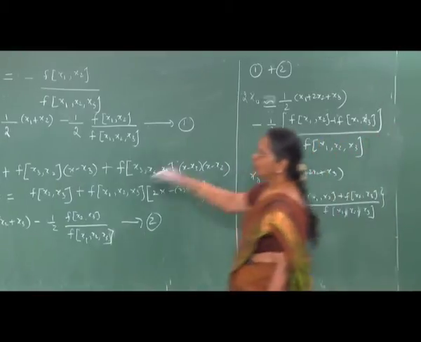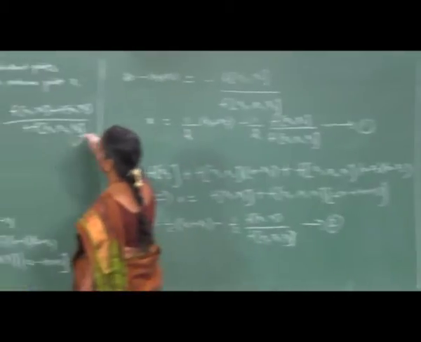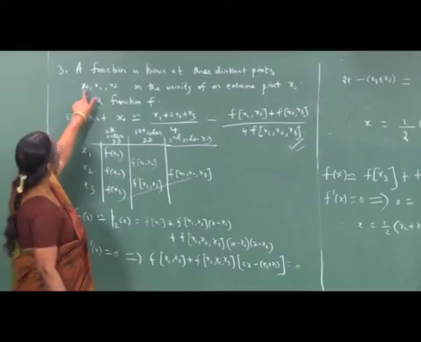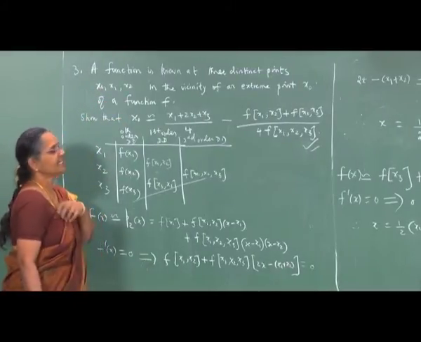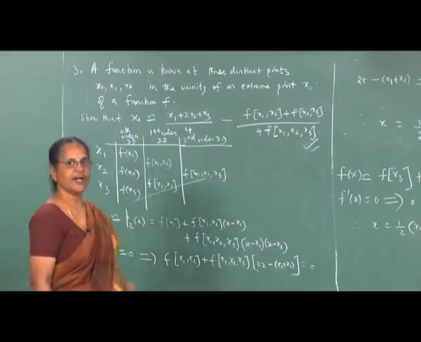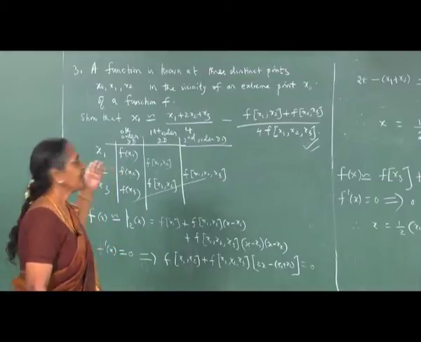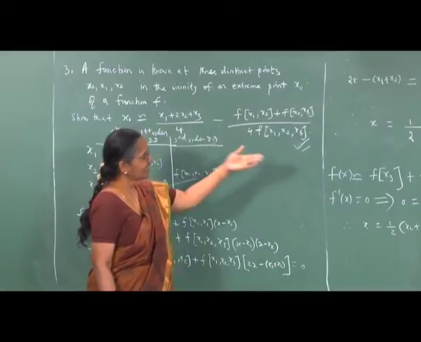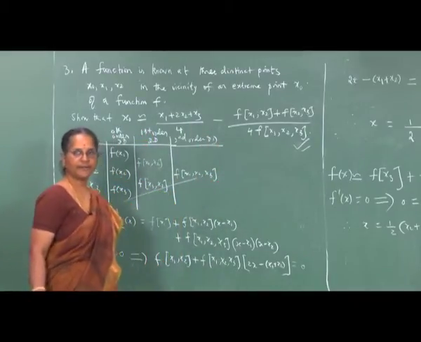And that is what we have to show, that if a function is known at 3 distinct points in the vicinity of an extreme point x naught, then x naught can be approximated by the value on the right hand side, and that is what we have shown.